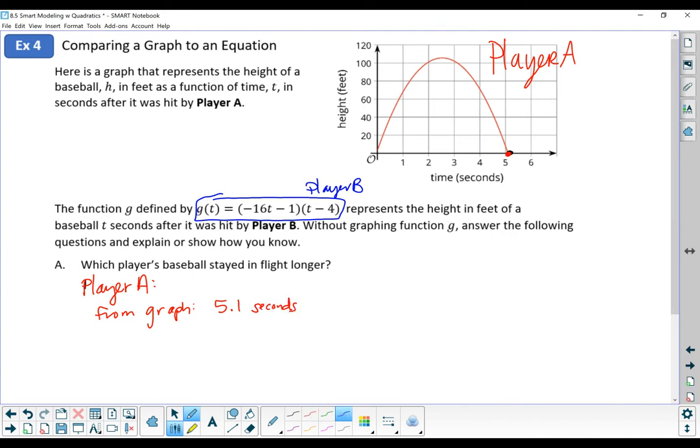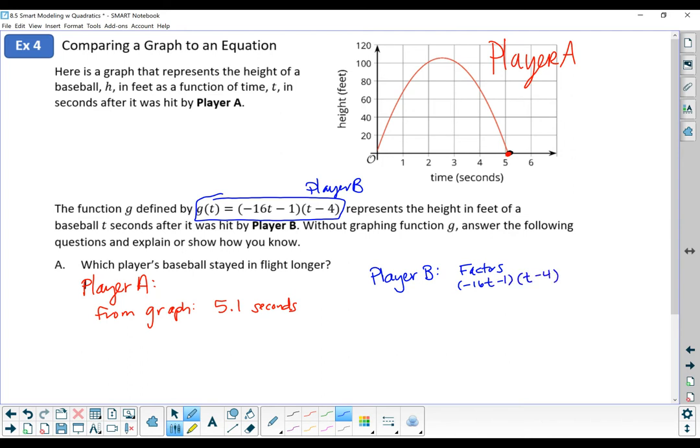For player B, we have the factored form of the equation. So the 2 x-intercepts come from each factor. Our 2 factors are negative 16t minus 1 and t minus 4.